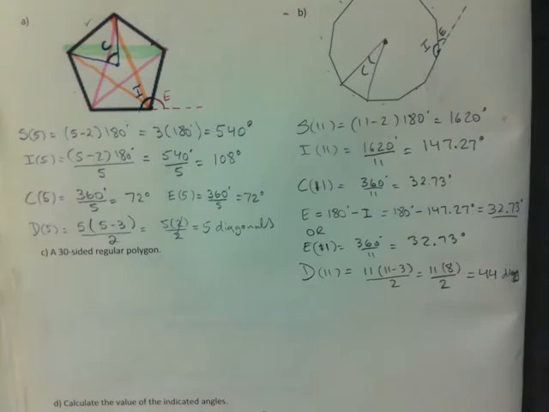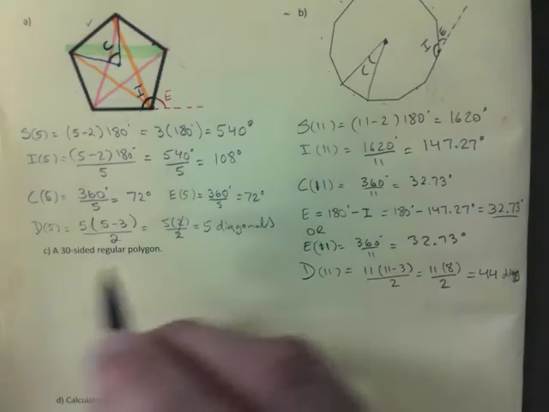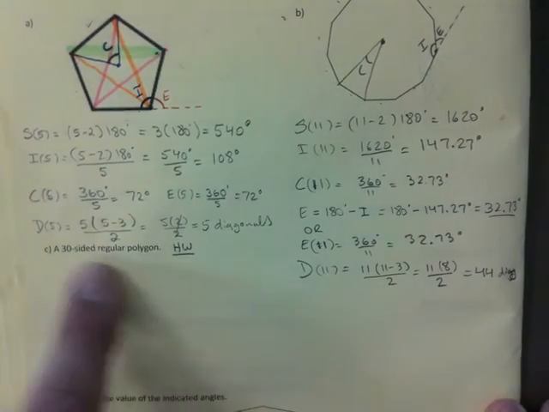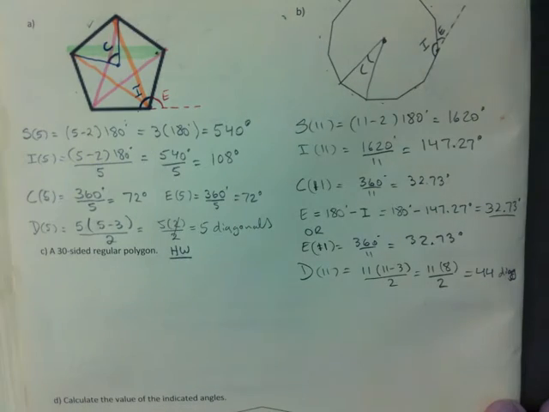The 30-sided shape, I think I'm going to leave this. If you want to do this for homework, you go right ahead. It's a 30-sided shape, so no diagram, but n is equal to 30. It's almost easier than the other one because you don't even need to count the number of sides.